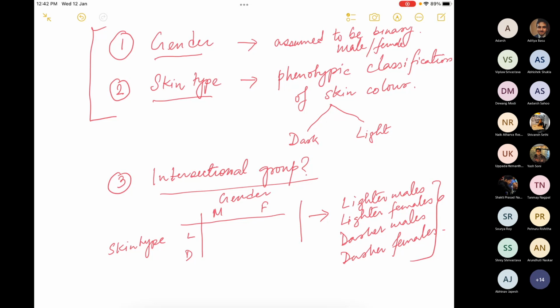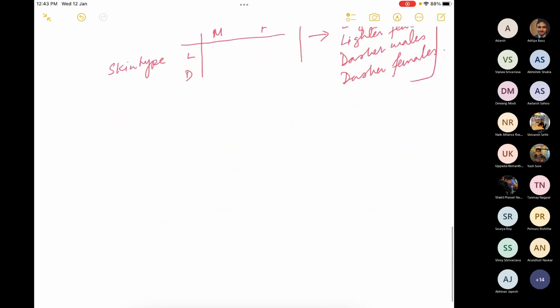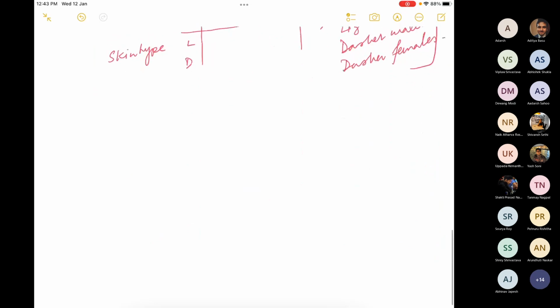Now, with this introduction, we can move forward to the benchmark datasets. So first, let us talk about the benchmark datasets.